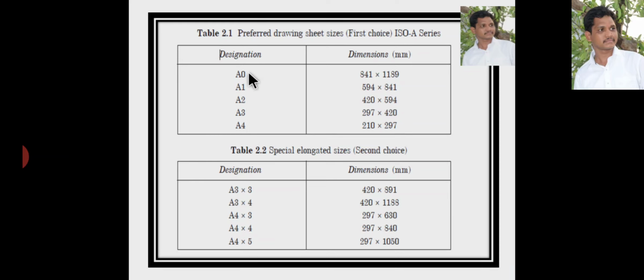The size of A0 drawing sheet is 841 mm by 1189 mm, whereas the size of A1 drawing sheet is 594 by 841. Okay, and the size of A2 is 420 by 594. The size of A3 drawing sheet is 297 by 420 mm. The size of A4 drawing sheet is 210 by 297 mm.